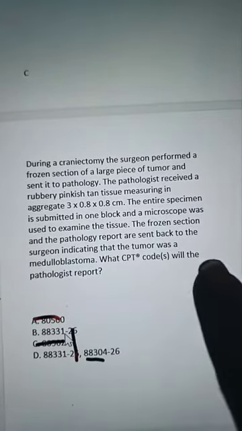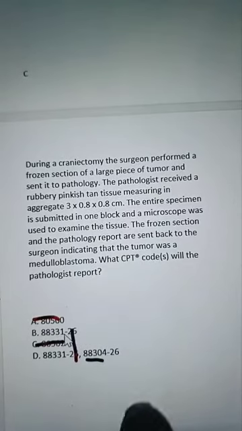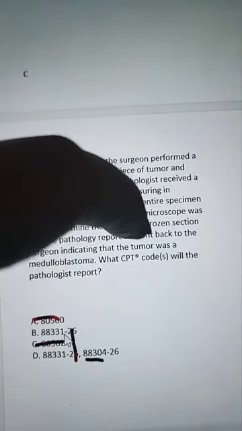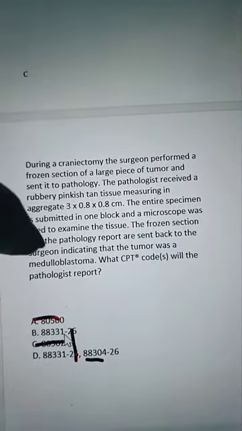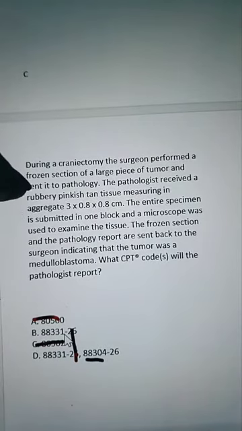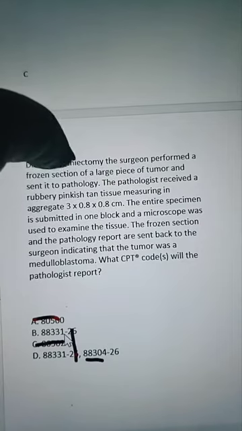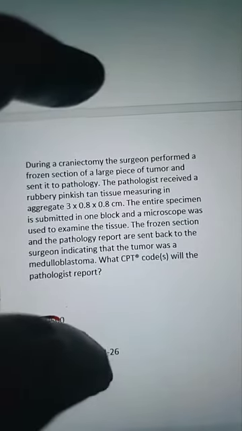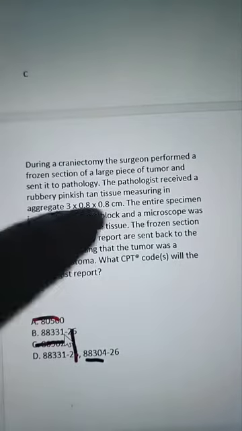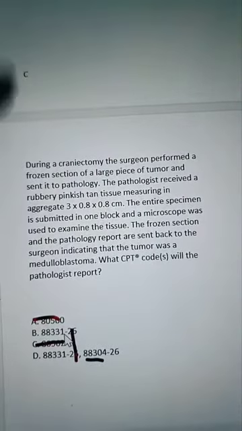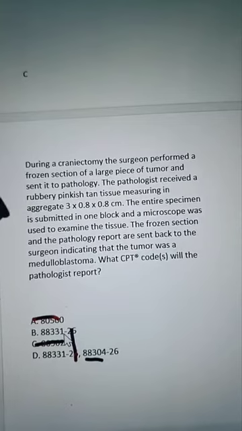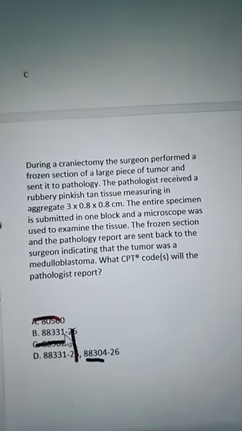So, what CPT codes with the pathology report? We do have a frozen section, and let's see, we did craniotomy surgery. Would a craniotomy be in the 304 section? Not at all. It would be a level like 5 or 6. It would be way on up there.